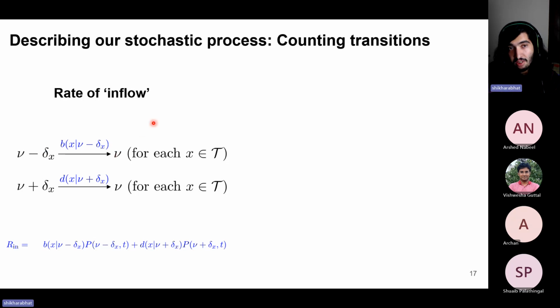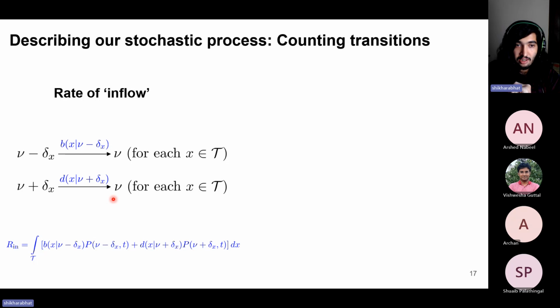So to find the total rate of inflow, we need to integrate over the entire trait space. We need to integrate over every possible x. It's possible that for many of these, the transition rate is 0, but we are not imposing that constraint ourselves. We will let the system do it.